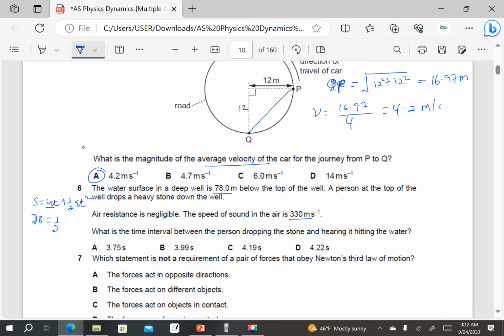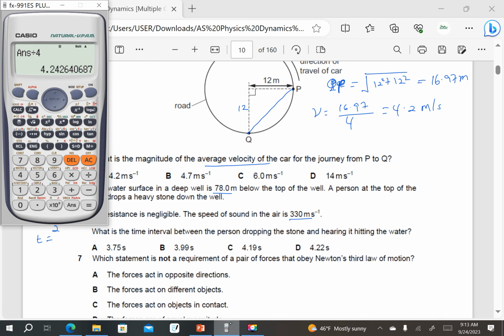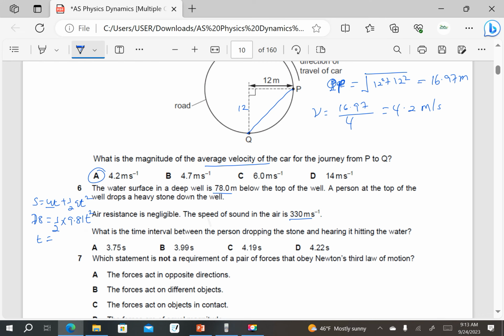So this will be equal to a half times 9.81. Since air resistance is negligible, the acceleration will be the acceleration due to gravity, then times t squared. I'm trying to find the time it takes to hit the water.